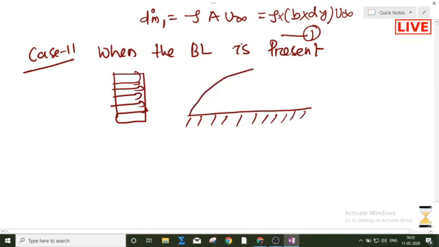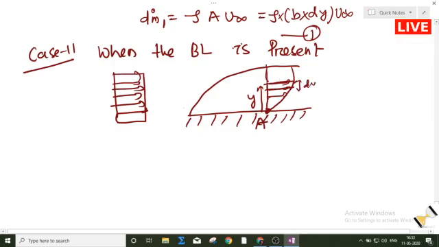So now the boundary layer will be formed. Suppose I have chosen this point as A. Now there will be a velocity gradient. Now the free stream is converted into a velocity gradient. I have chosen a point at a distance y, and suppose this elemental thickness is dy.